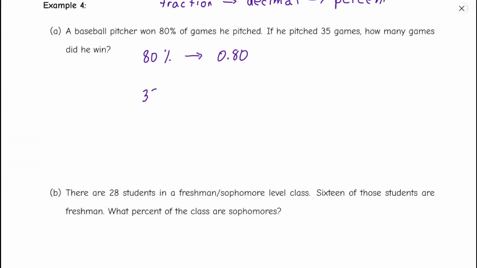And then we take that 35 times 0.80. Now to multiply decimals, remember we ignore the decimals, so 35 times 80, I'm going to put the 80 on top.